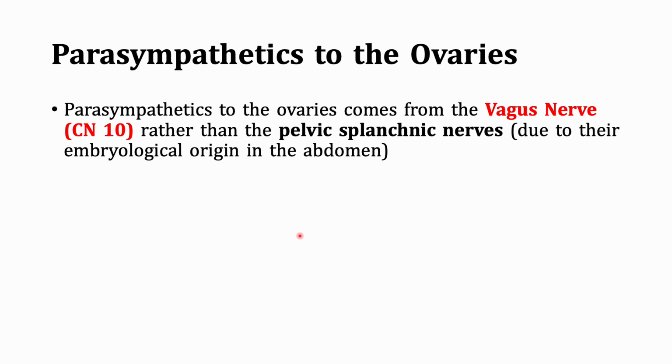I just wanted to talk about parasympathetics to the ovaries because it's actually pretty interesting. Because the ovaries have an embryological origin in the abdomen, their parasympathetics actually come from the vagus nerve instead of the pelvic splanchnic nerve, which I thought was pretty interesting.